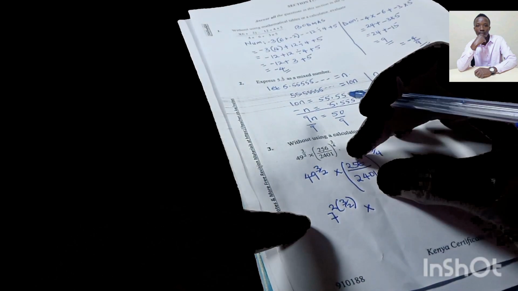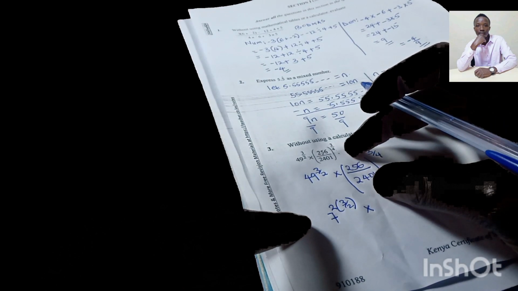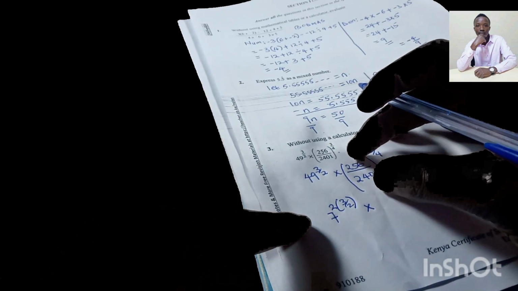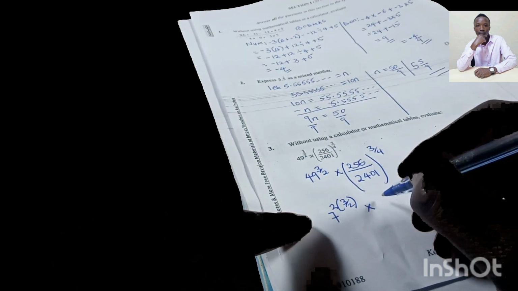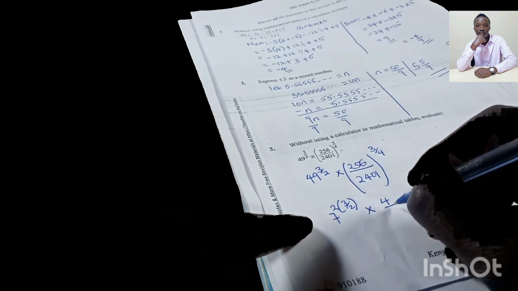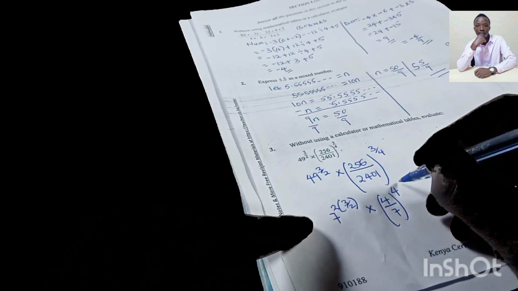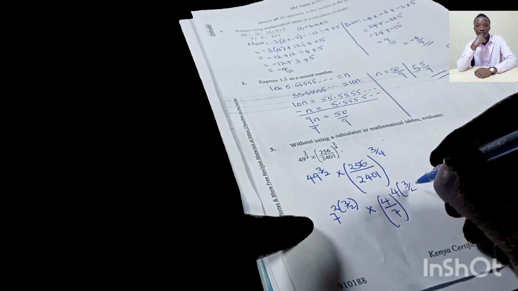For us to simplify such a question, this 49 can be factorized to the product of its factors, and it's going to give you 7 to power 2, raised to 3 over 2, then multiplied by this one. We can factorize it using the factor tree method, and we are going to get 4 over 7 to power 4 raised to power 3 over 4.